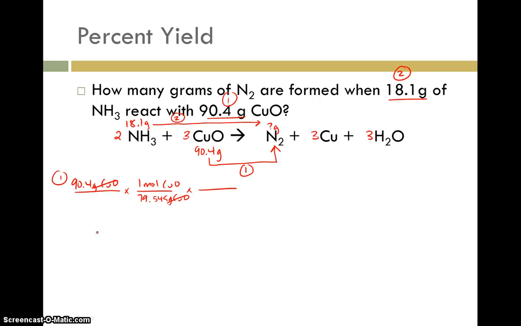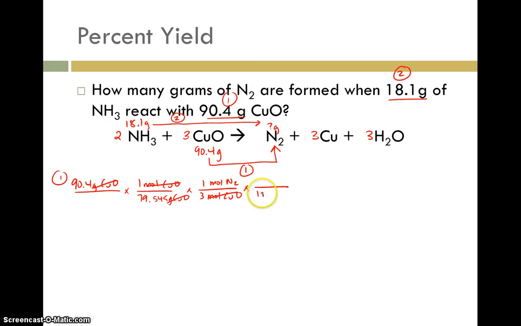My next step is to use my mole ratio. So I look at my coefficients. I have a 3 in front of my CuO, so that tells me for every 3 moles of CuO, I can make 1 mole of N2. My moles of CuO cancel, and now I'm on to my last step, which is calculating my molar mass again.